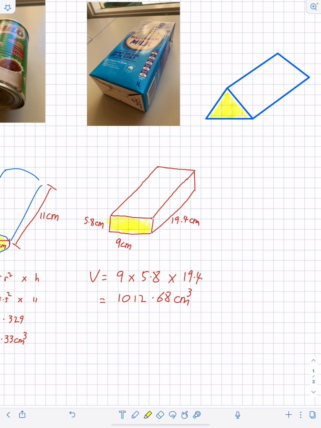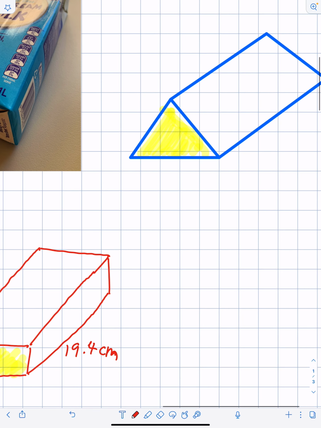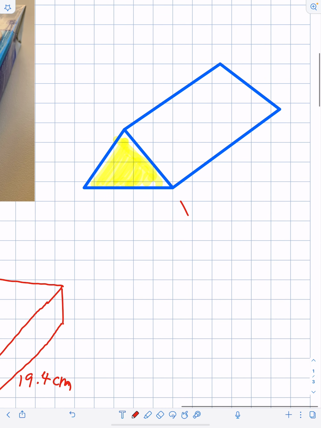Okay, and then thirdly, we have a triangular prism. Okay, so again, to calculate the volume of this triangular prism, we need to calculate the area of the base there, the yellow part, multiplied by the height. So let's just put some numbers in here. Let's do a height of, just making up some numbers here, hypothetical numbers, let's say 6 centimetres.